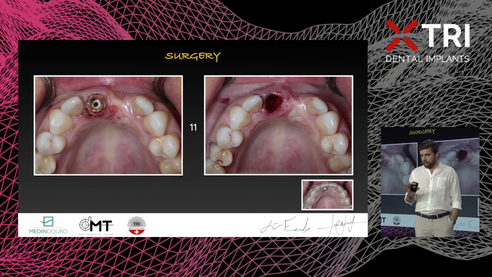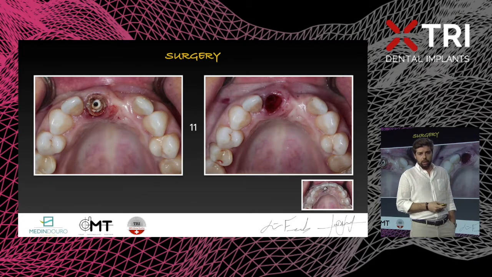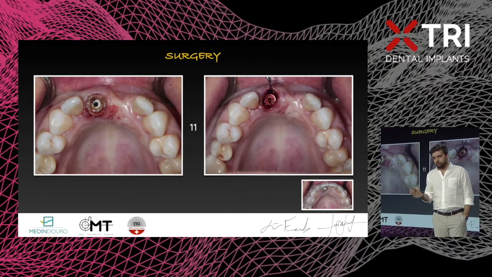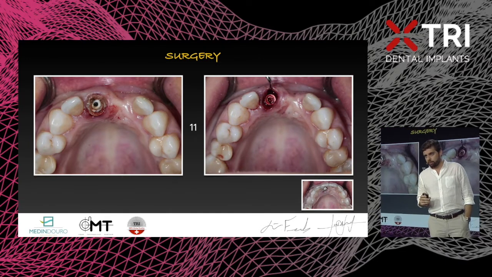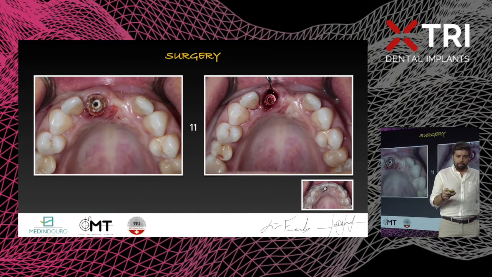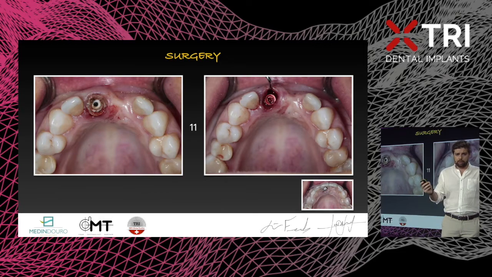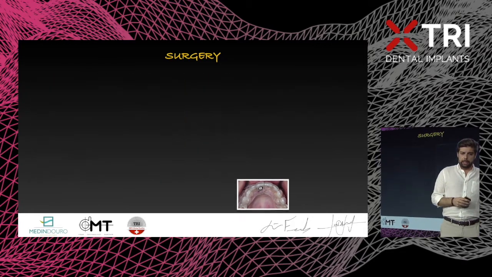I will do this every time I can. So in the 11, we have a fresh socket. We use the double trajectory that you all know, and we place our implant. We selected tissue-level implants for this aesthetically demanding case. So we placed the implant, we respected the space for graft, and we move on with the surgery.